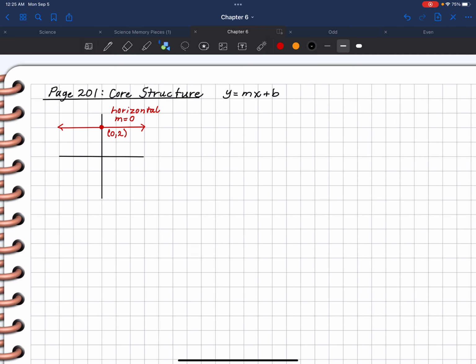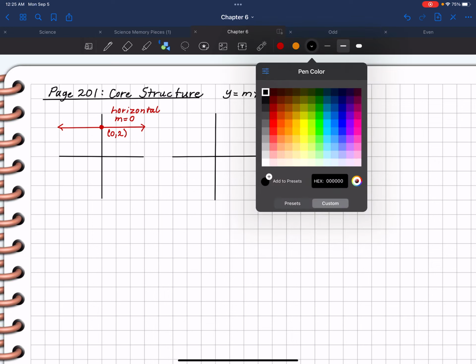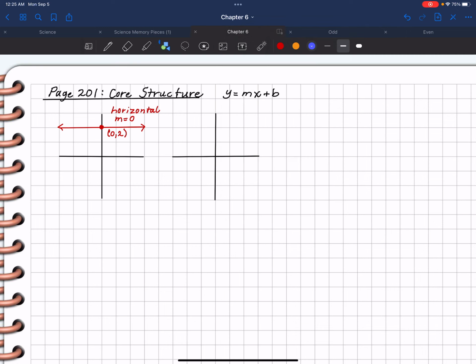Okay, let's draw another coordinate plane and see what we can do here. This time I want to draw a vertical line. So let me use a contrasting color. So let's put a vertical line right here, about right there, vertical.